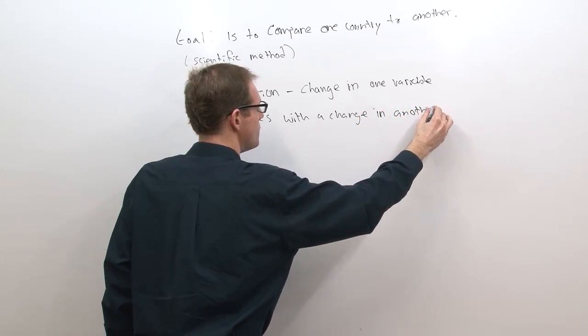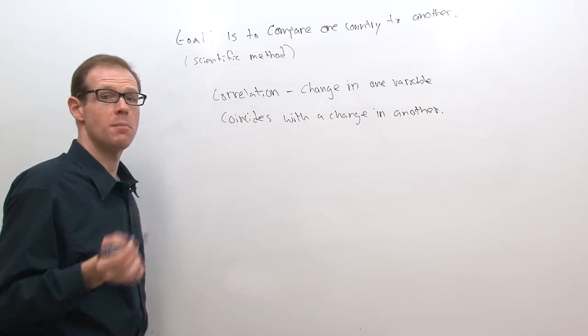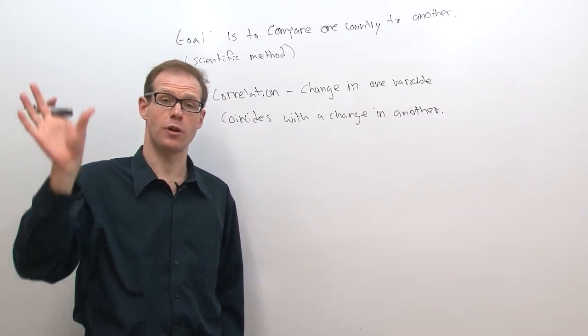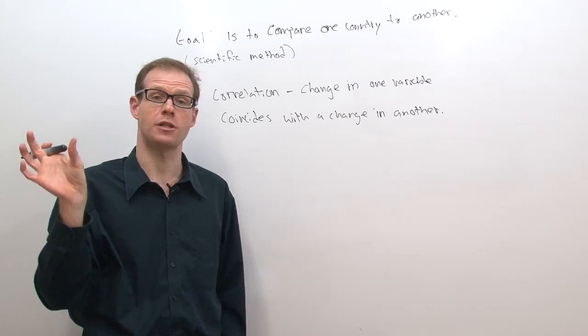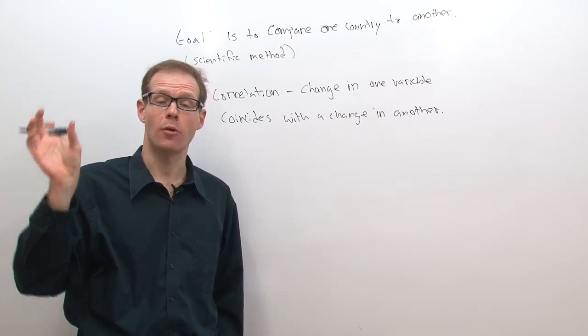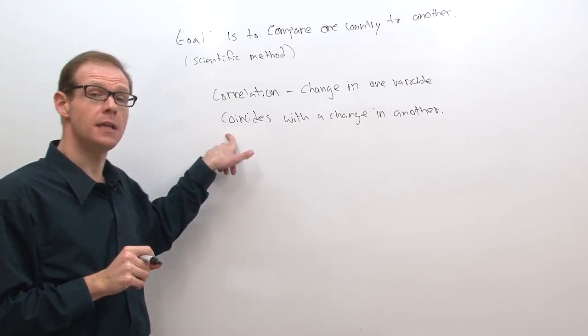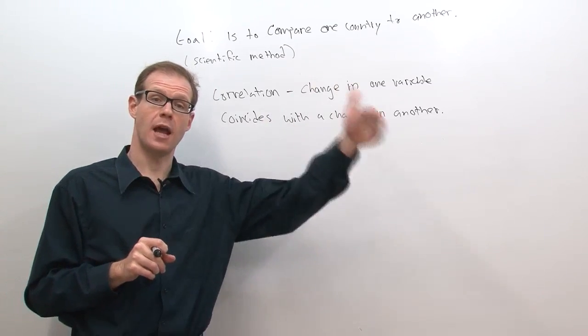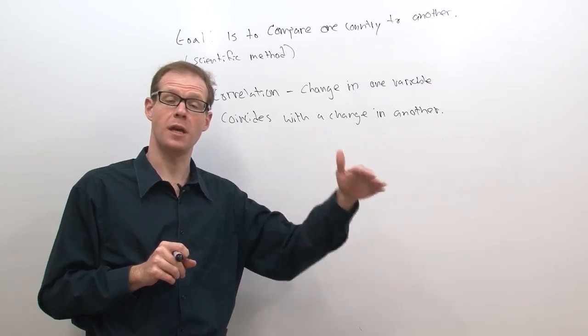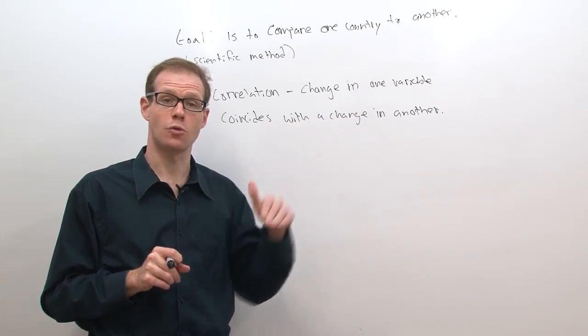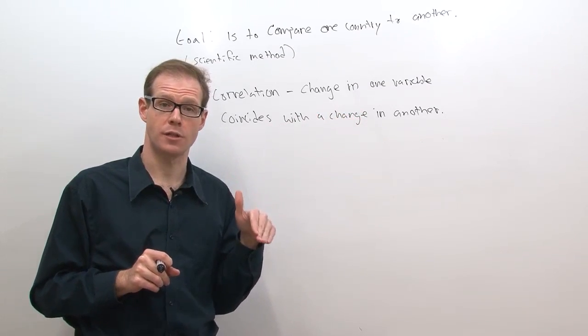So going back to our example regarding the dependent variable literacy rate and the independent variable how many schools a country has, is there a correlation? Indeed there is. The more schools a country has, the higher the literacy rate will be. The fewer schools a country has, the lower the literacy rate will be.